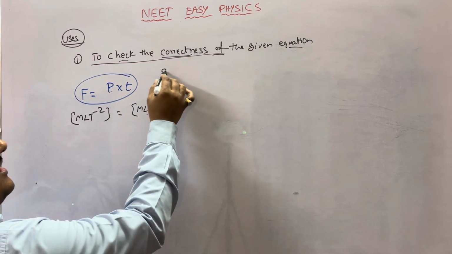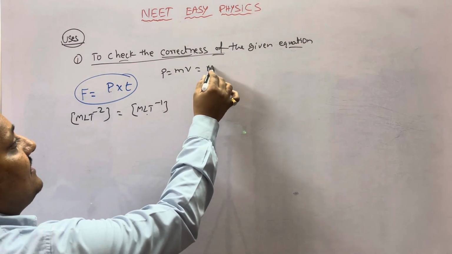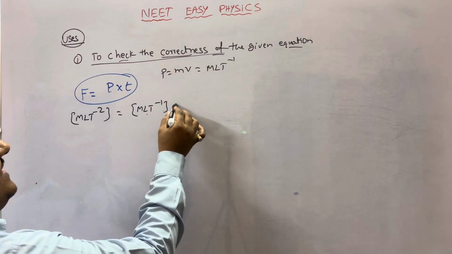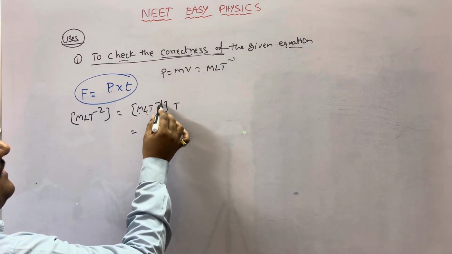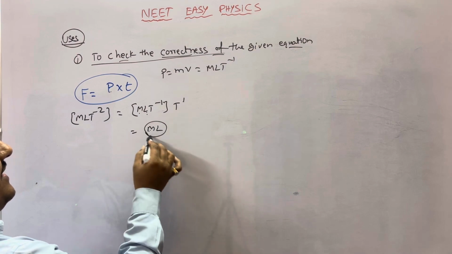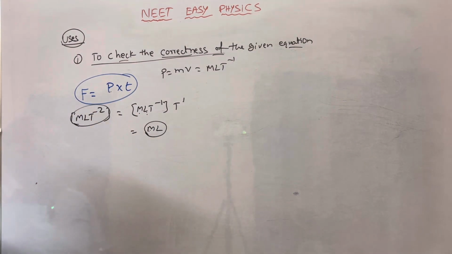If you want, you can write here: momentum means product of mass and velocity. So mass is M, velocity is LT power minus 1. T is time. Therefore, MLT power minus 1 into T power 1. Minus 1 plus 1 is 0. So on the right side you are getting ML, on the left side you are getting MLT power minus 2. Therefore, this equation is going to be wrong, isn't it?